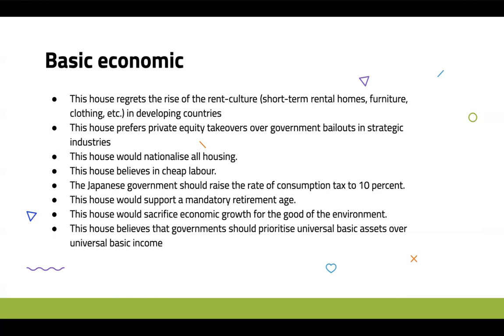For example, this house believes in cheap labor, or this house would support a mandatory retirement age. These aren't very political, although they are legislative policies. You would mostly argue here from a socio-economic perspective. But yeah, they have strong economic backgrounds to them.